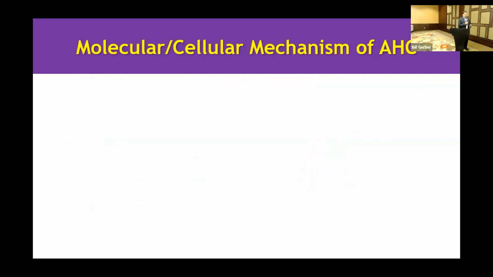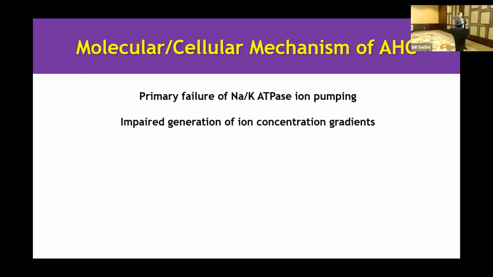And so just to put all this in a little bit of context, for the neurons that we've studied, for the most part, we've seen failure of the sodium potassium ATPase ion pumping activity. That seems to be universal. That suggests that there's going to be changes in the ion concentration gradients in neurons.